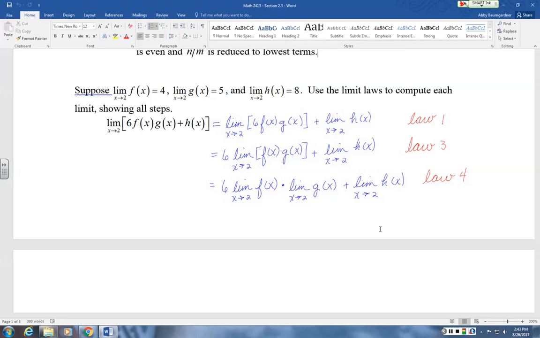All right, so the last thing that we can do here is actually do the evaluation. So the 6 will just remain where it is. We can now evaluate, or substitute, 2 for x. So we have up here that if we are trying to find the limit of f of x as x approaches 2, the answer is 4.